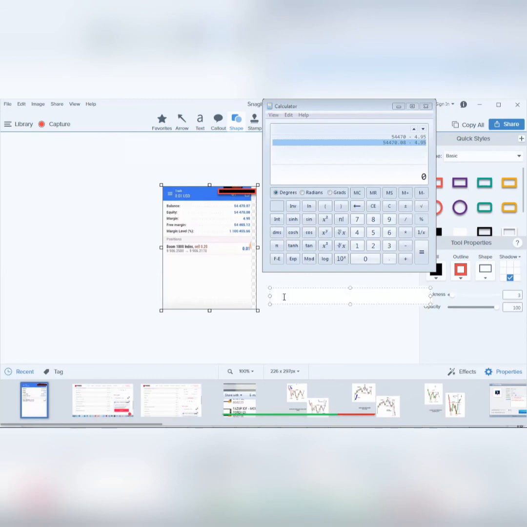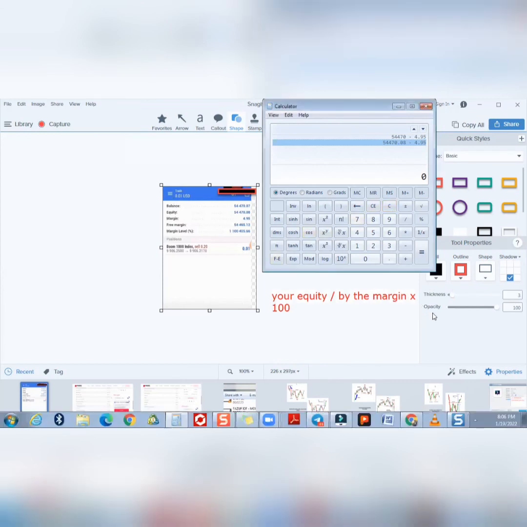The margin level is basically our equity, then we divide it by the margin, then we times it by 100. Okay, so let's try this.